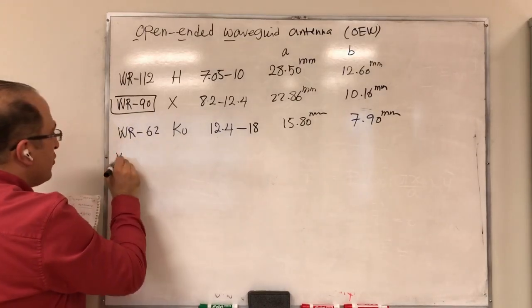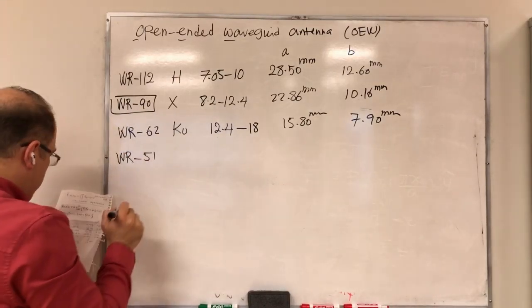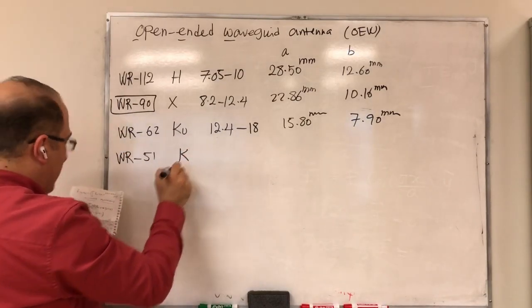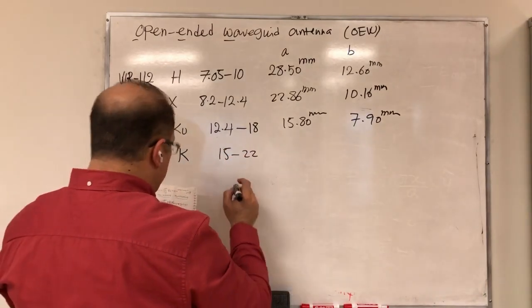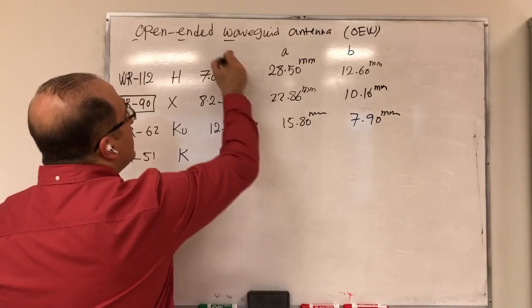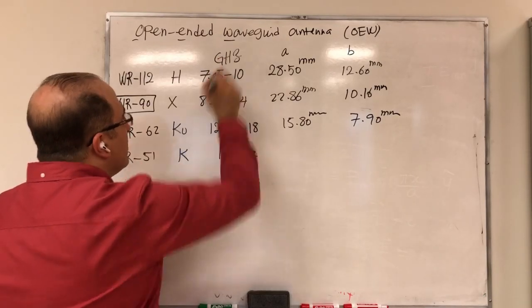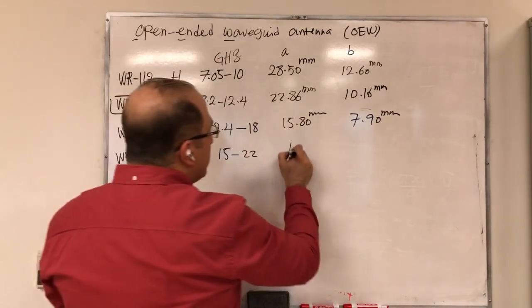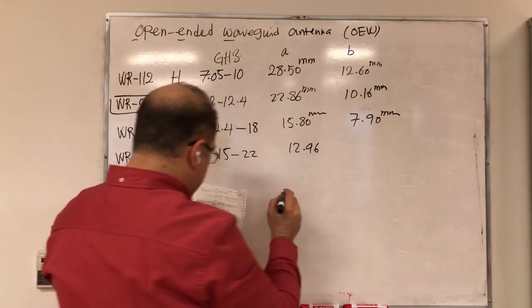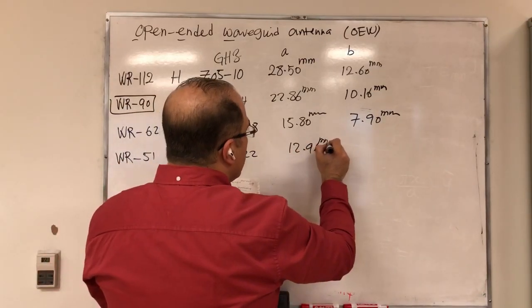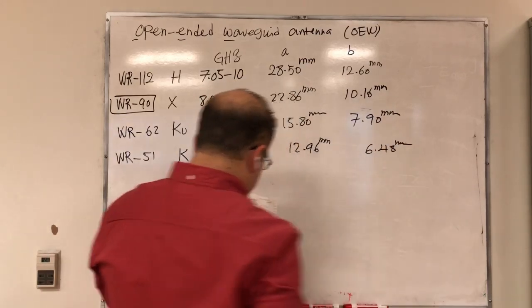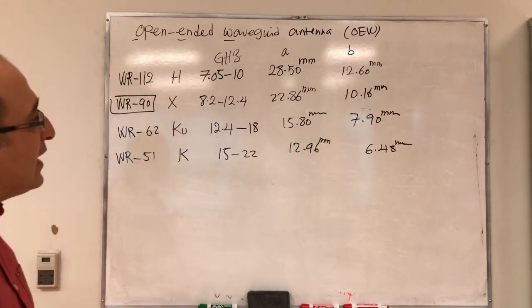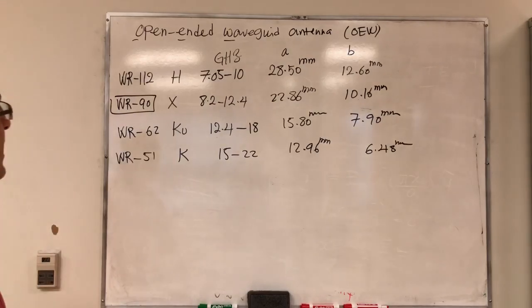And then WR51, for example, that's K band, and that's going to bring us to 15 to 22 gigahertz. So let me write gigahertz here. And the dimension is 12.96 millimeter by 6.48 millimeter. So that's a couple of dimensions that we have.